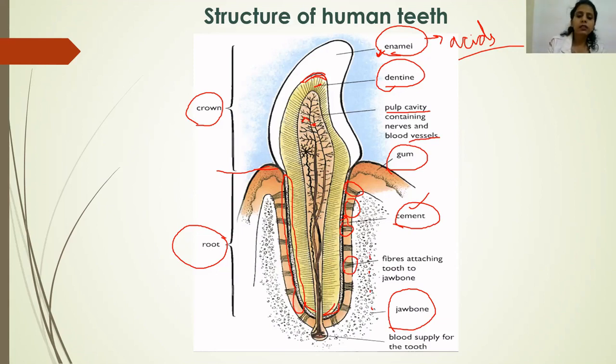These fibers are present because they allow slight movement to the tooth when we are biting anything or chewing food. At that time, slight movement is provided to the root of the tooth with the help of these fibers, which attach the tooth to the jawbone.